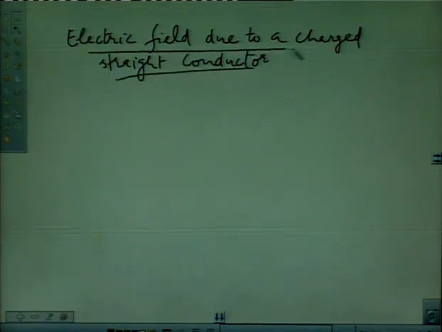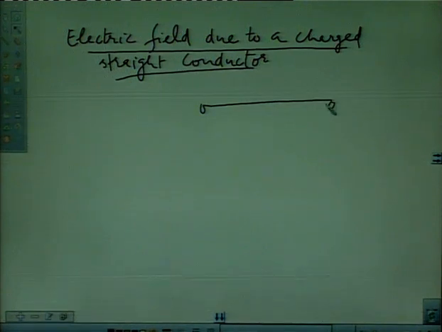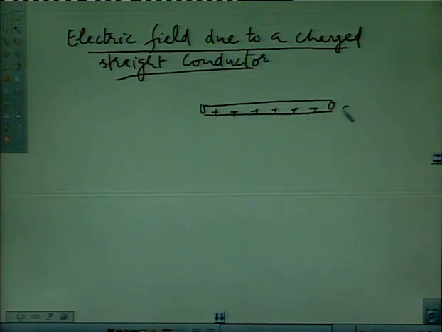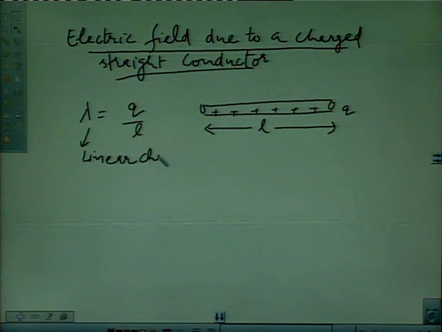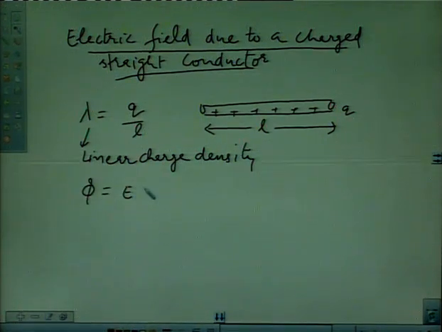For a charged straight conductor, let's suppose we have this conductor, it is given a positive charge Q over the whole length L. In this case, we have lambda equal to Q upon L. This is the linear charge density. From Gauss's law, phi is equal to the integral of E into dS, which is equal to Q upon epsilon naught.